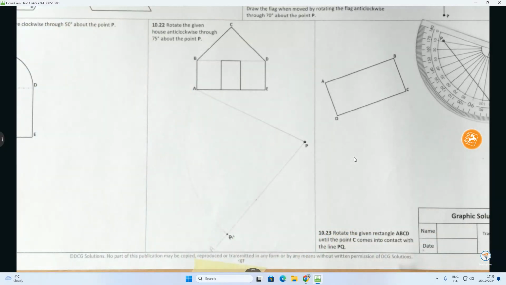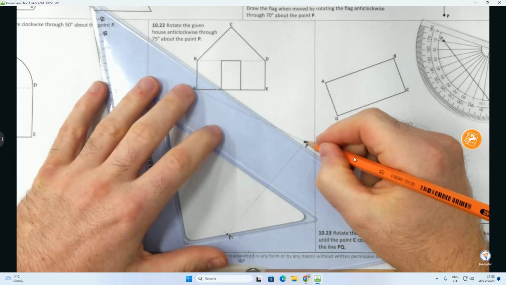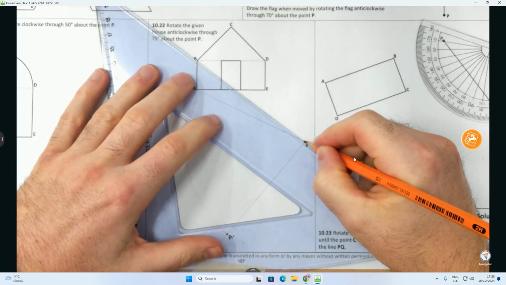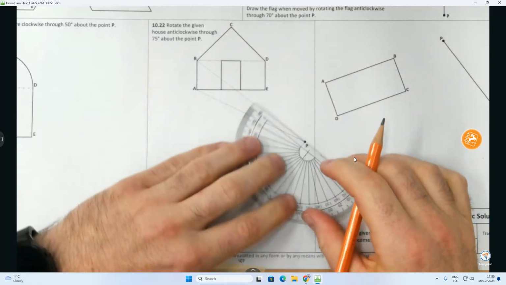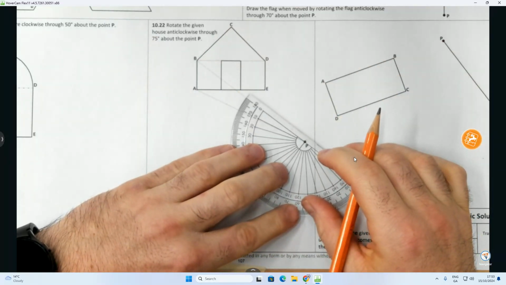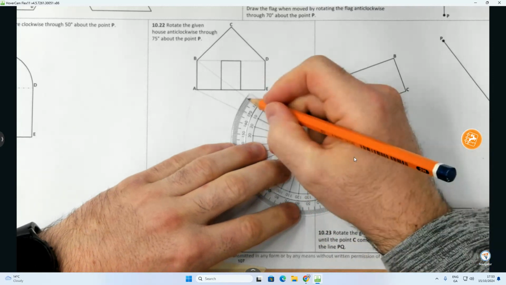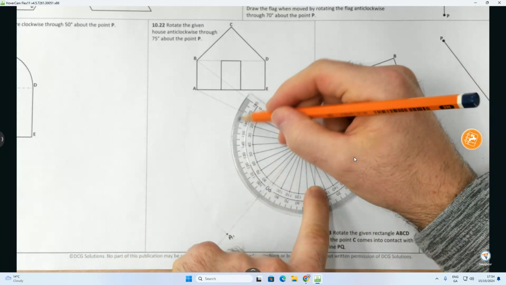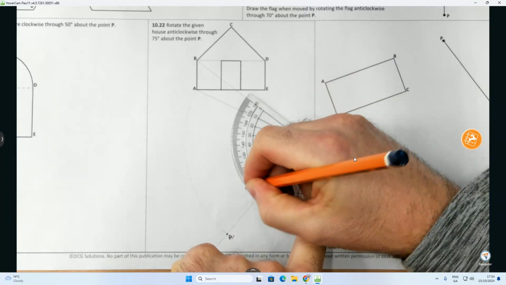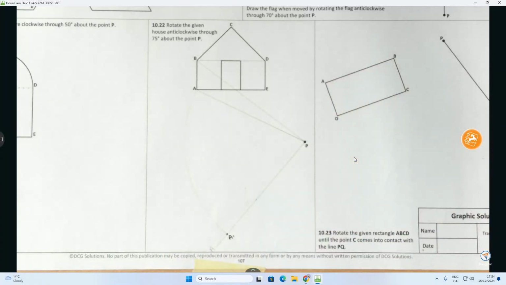Now I'm going to do the same for B. Same method, one at a time. Put my protractor on P, make sure the 0 is resting on the line going to B. Happy with that. Read it around to 75 degrees. There's 75. I made a little mark there.